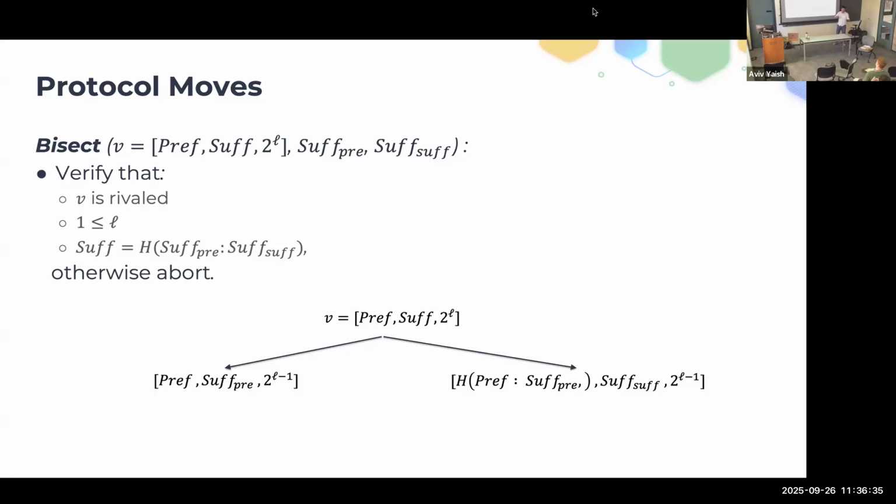And assuming we agree on this, now we might disagree on the second half. And note that the length of the suffix in question decreased by a factor of 2. Any questions about this?